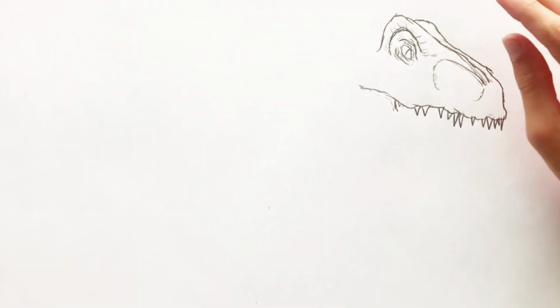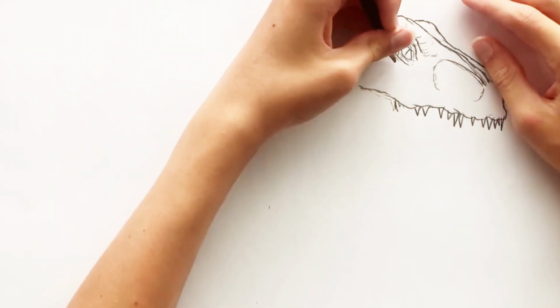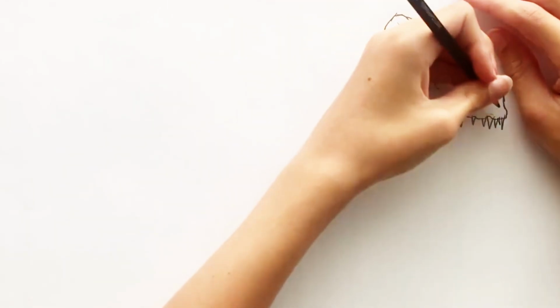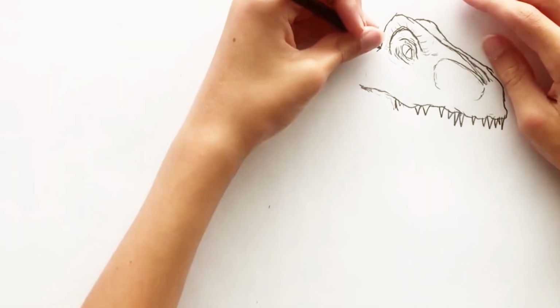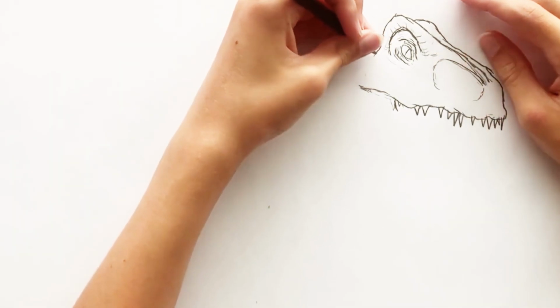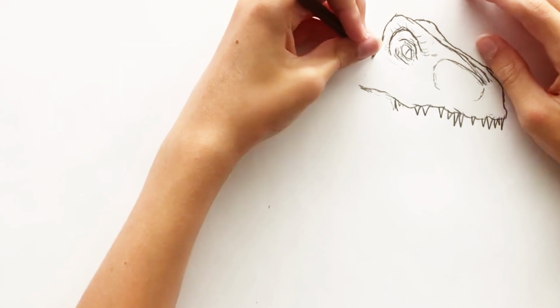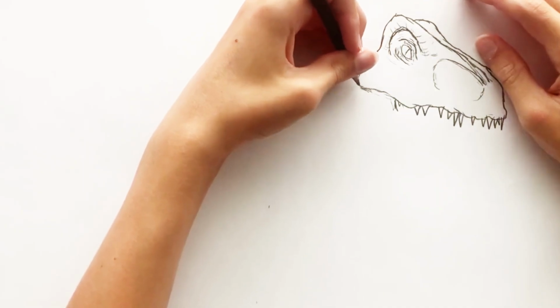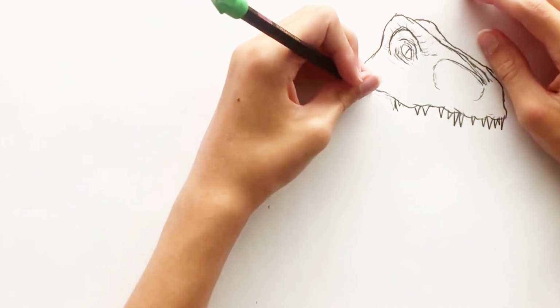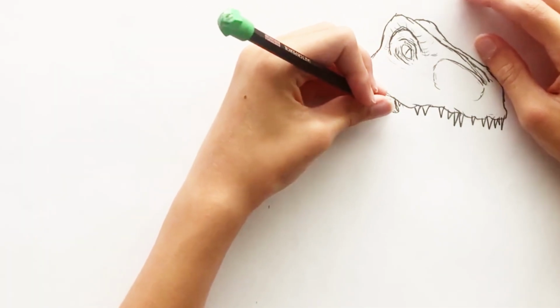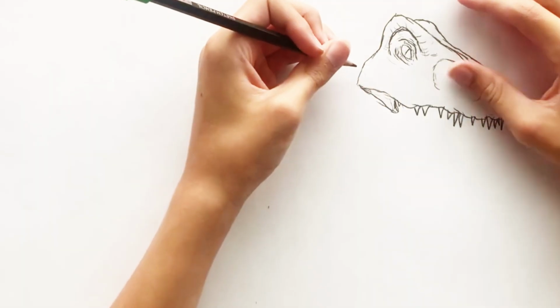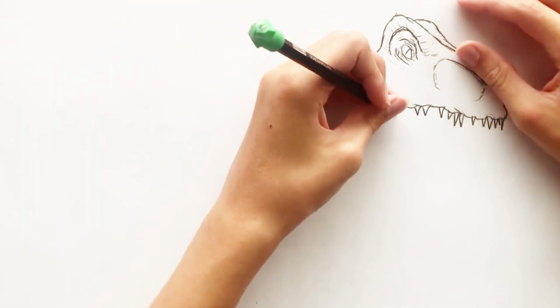I only took 3 minutes. And now for the bottom jaw, first I'm going to add the back of it, which is right there. And I'm going to have fleshy things right there. And now it's going to be something like that.